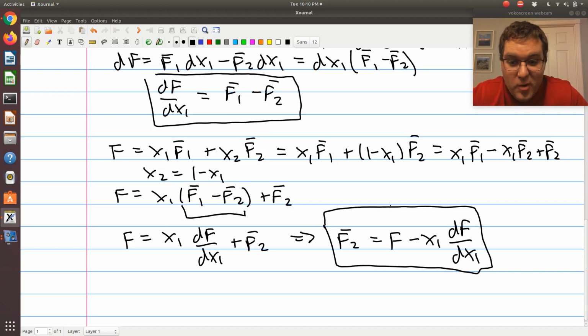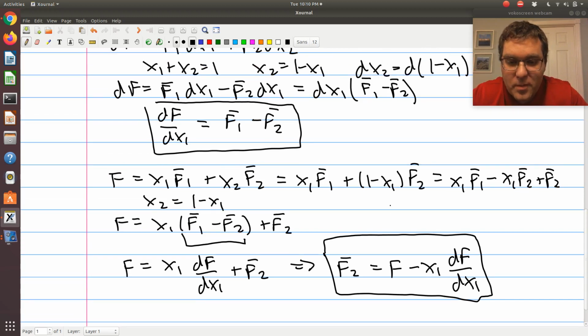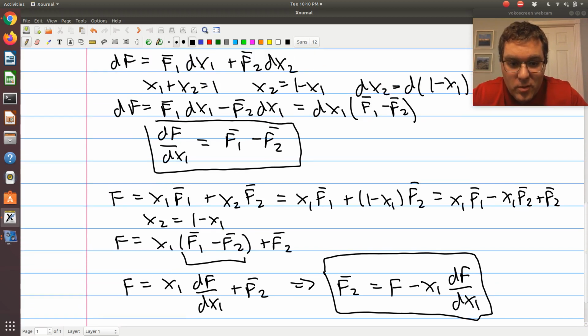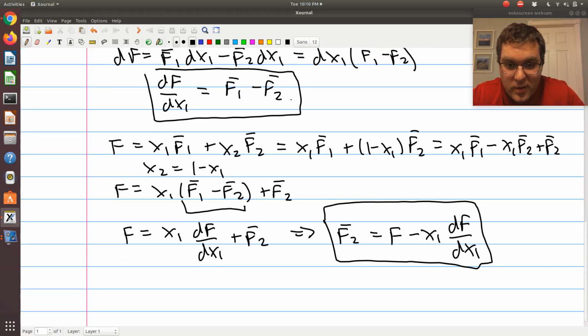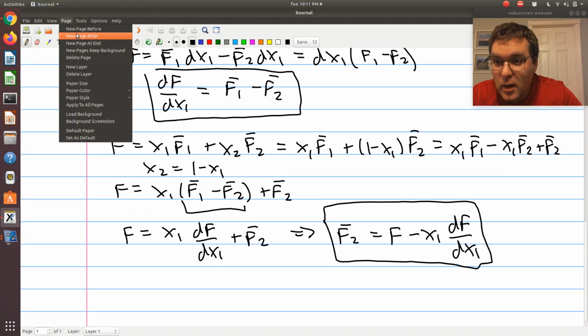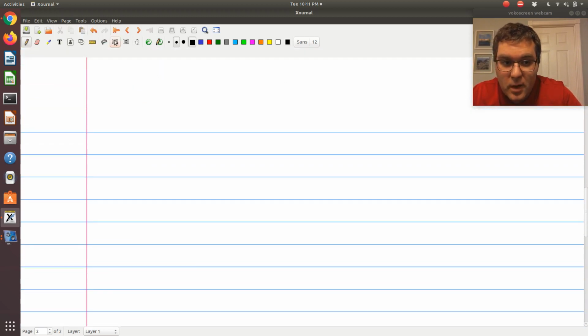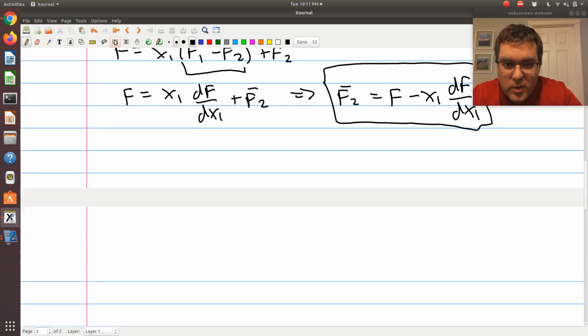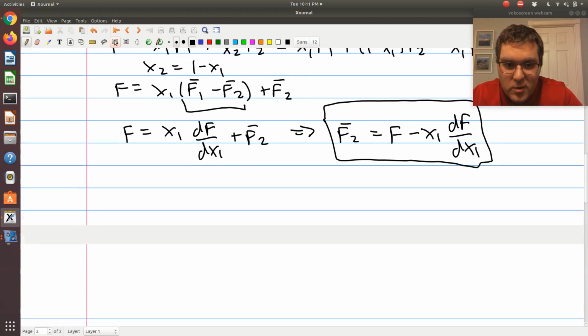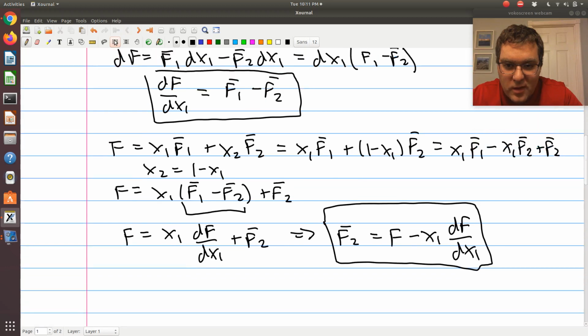If I want to get f bar 1, there's a number of things I can do, and it's kind of up to you. Let's see what we might do. There are several different ways you could simplify this. I have f bar 2 is equal to f minus x1 df dx1.